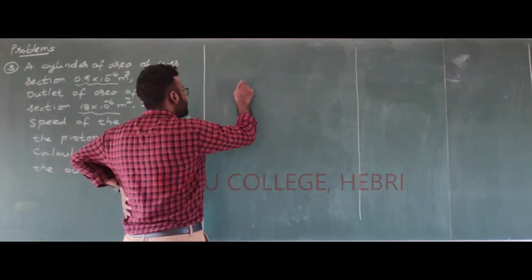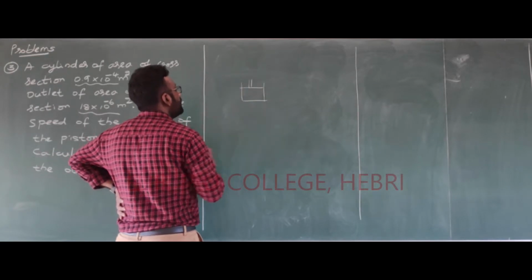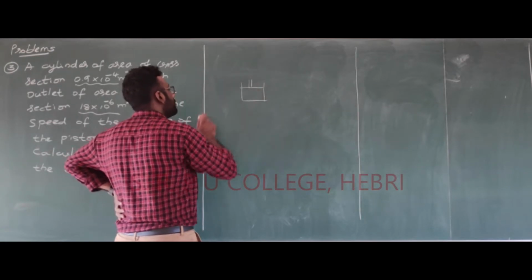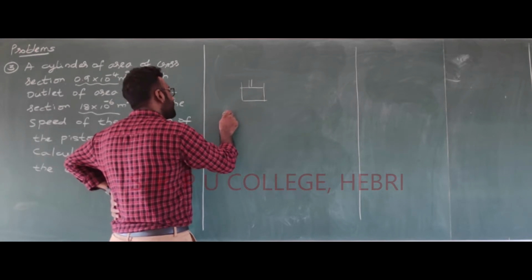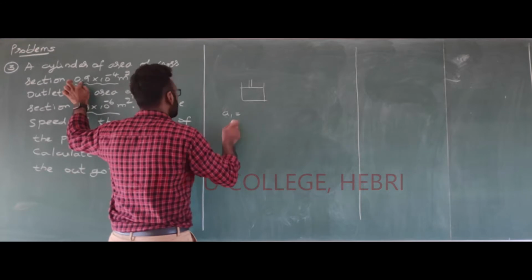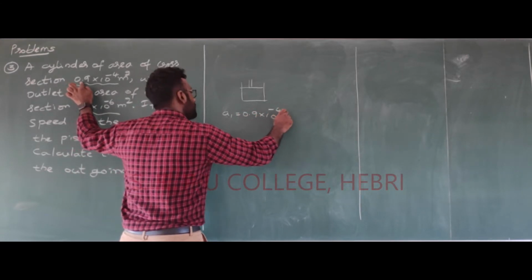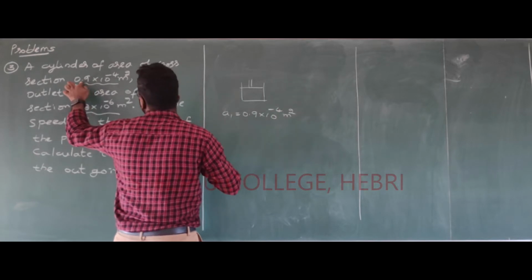You have a piston, we can consider over here. So for this piston, we can take the area of cross section equal to, what is the value given? 0.9 into 10 to the power minus 4 meter square, correct?